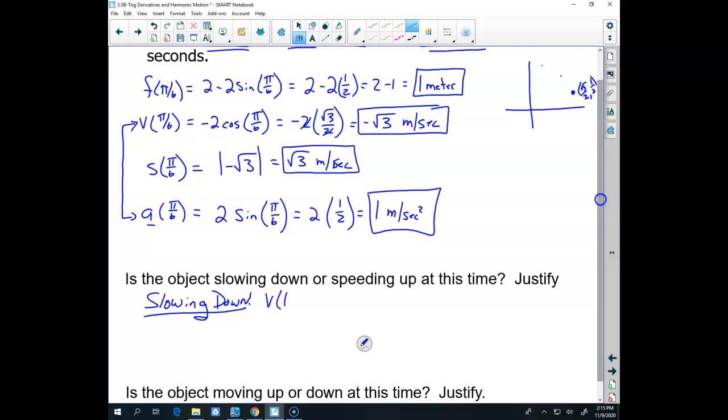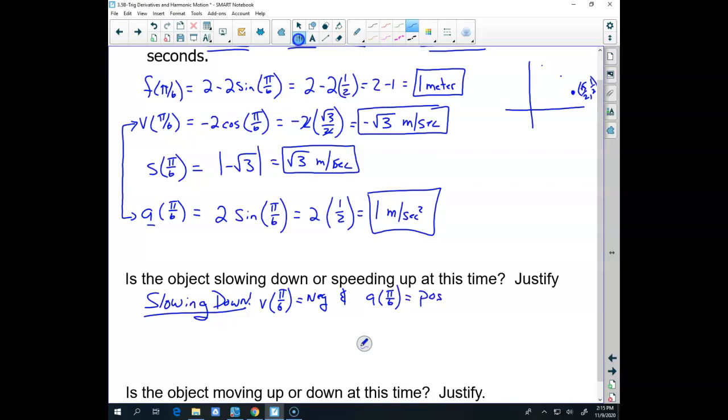And the reason I know it's slowing down is because in my analysis between velocity and acceleration, I know v of pi over 6 was negative, and a of pi over 6 equaled positive. So what did that mean?